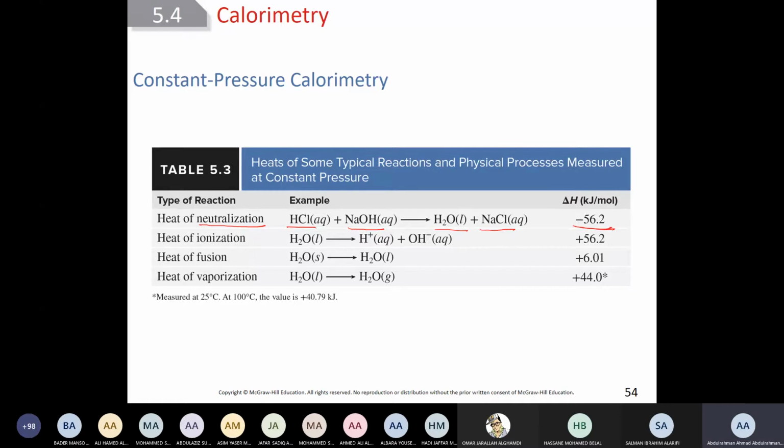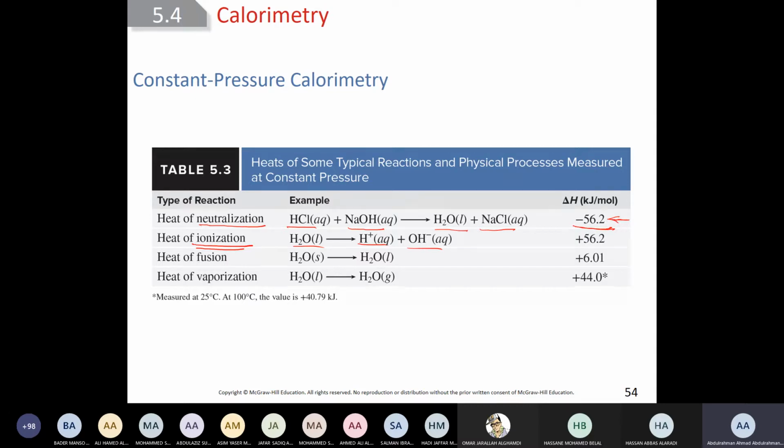Don't memorize the heat, but we call this the heat of neutralization. What does ionization mean? Changing to ions, and this is called the heat of ionization.